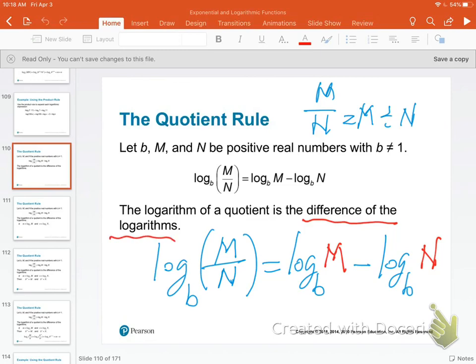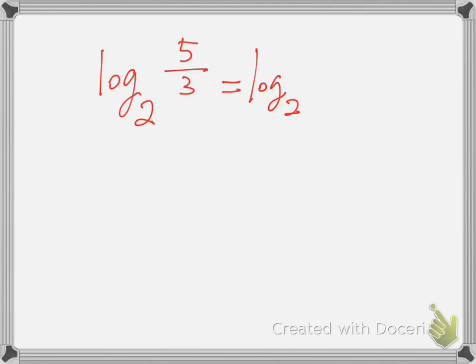Examples. Let's still use log 2 of 5 over 3. This will be log with the same base 2 minus another log with the same base 2. 5 is in the numerator, so the first one is 5. 3 is in the denominator, so it's the second one.